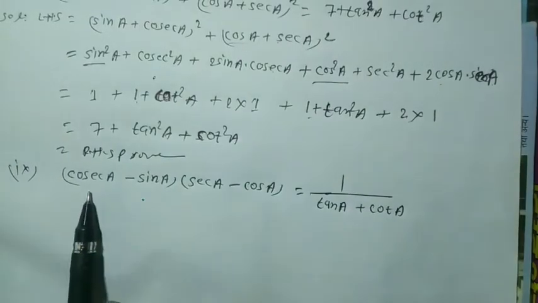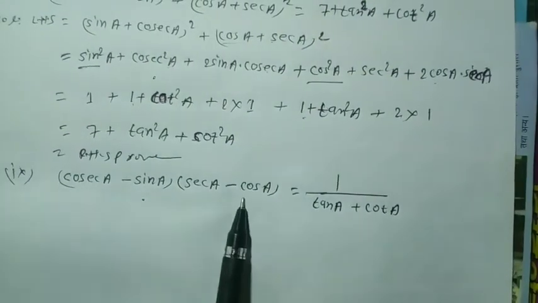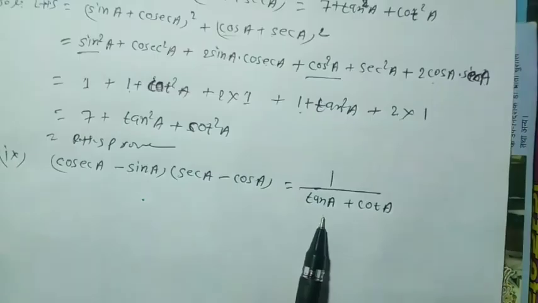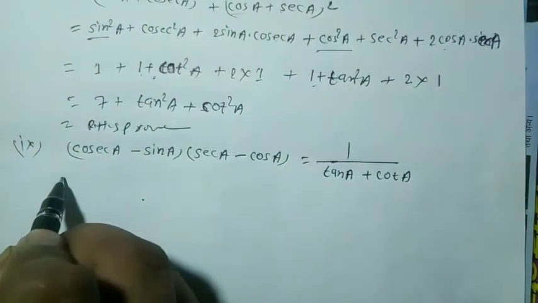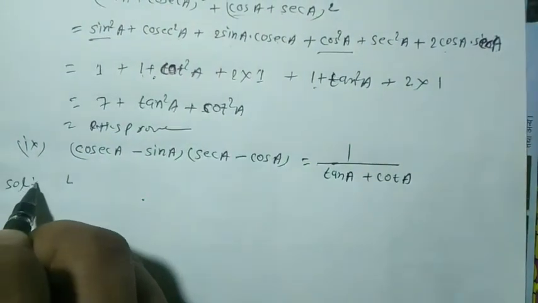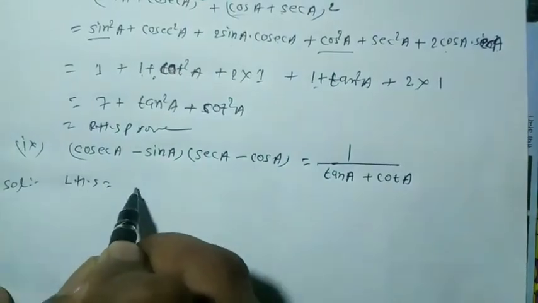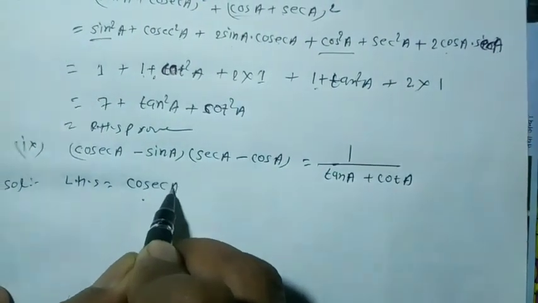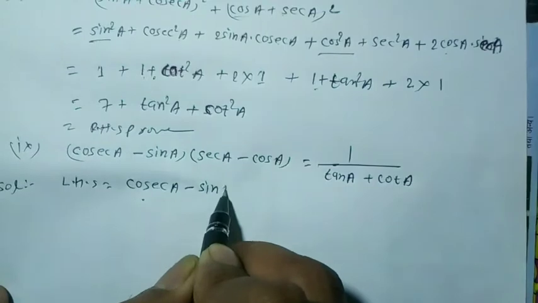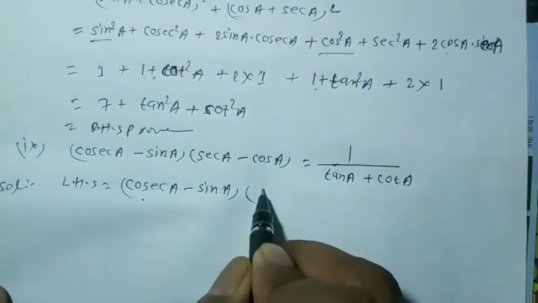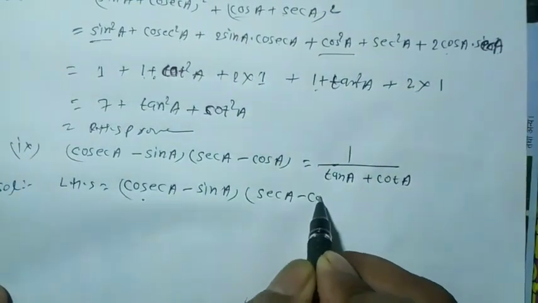Question 9: (cosec A − sin A)(sec A − cos A) = 1 / (tan A + cot A). Solution: LHS = (cosec A − sin A)(sec A − cos A).